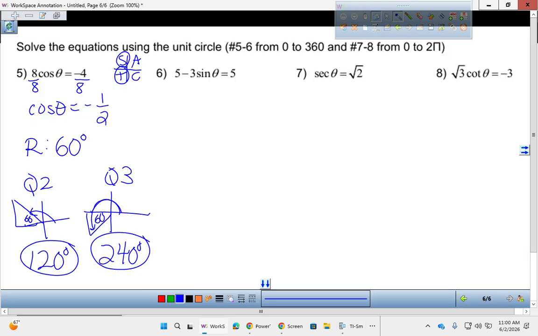Alright, let's look at the next one. If I subtract 5 and then divide by negative 3, sine of theta equals 0. Now, there's nothing to refer to here, because reference angles are angles between 0 and 90. So those are the coordinates in quadrant 1, your 1/2, your root 3 over 2, and your root 2 over 2. That's not any of those.